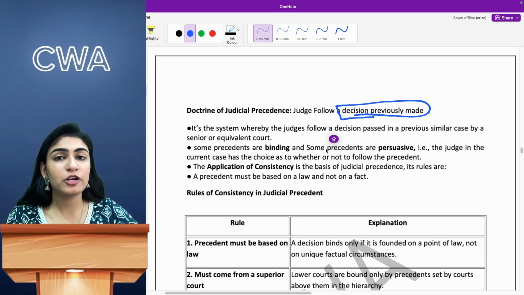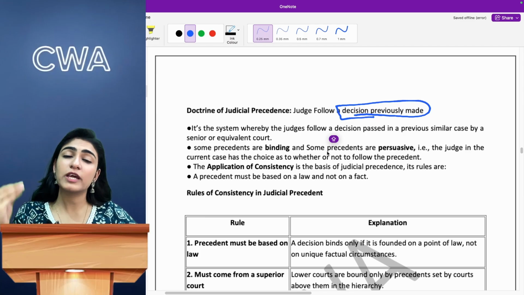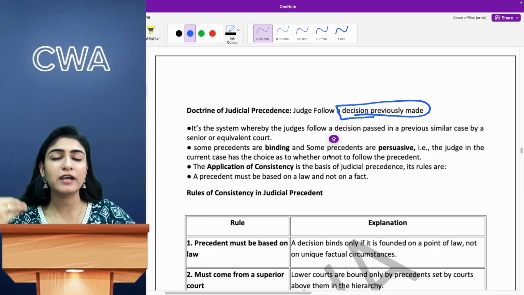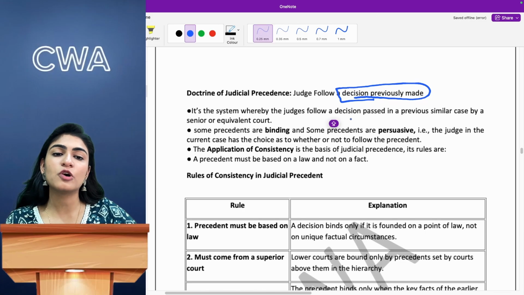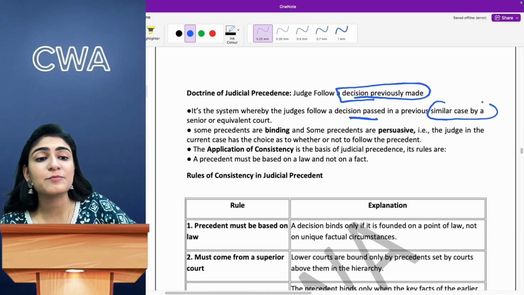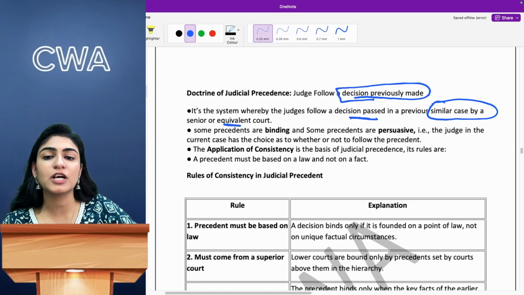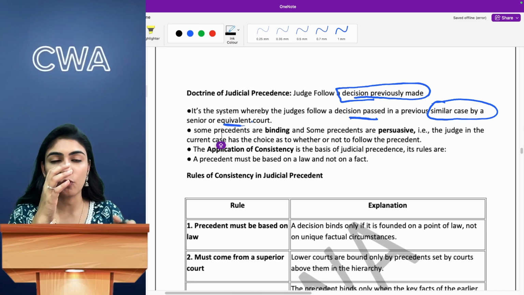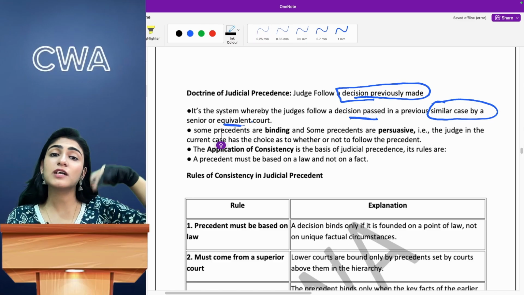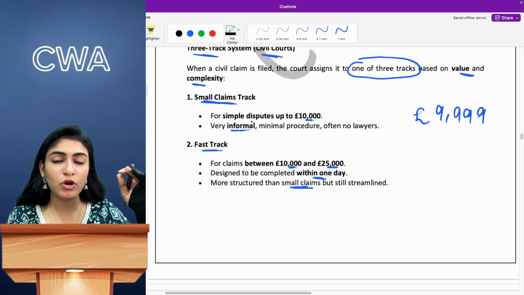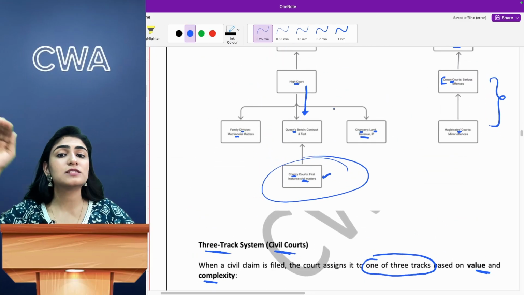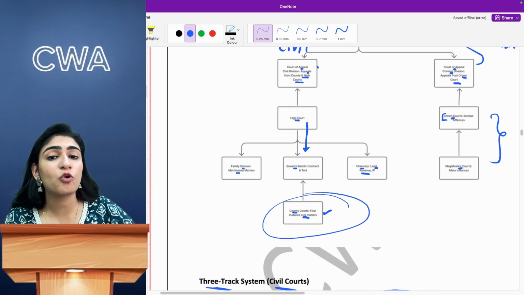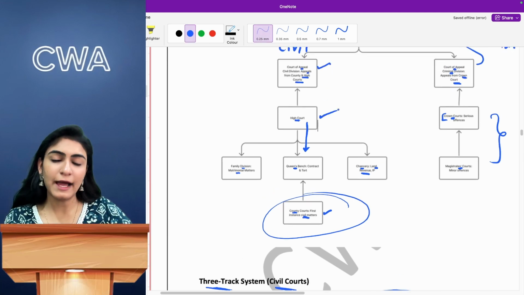So, what is the doctrine of judicial precedent? You are looking at a previously made decision or judgment. It is a system where judges follow a decision that was previously made in a similar case by a senior or equivalent court. When I am talking about a senior or equivalent court, it means, for example, a county court looking at a decision made by either the Court of Appeal or the High Court.